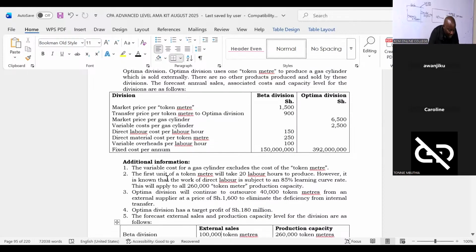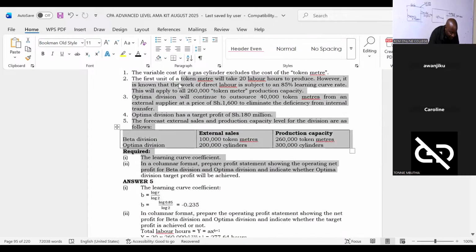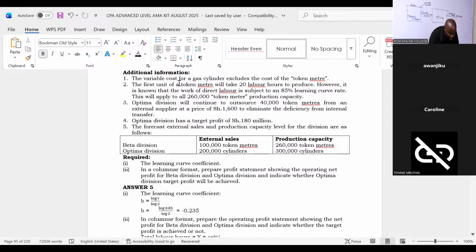We are told number one, the variable cost for gas cylinder excludes the cost of the token meter. Number two, we have already made use of it. Three, Optima Division will continue to outsource 40,000 token meters from an external supplier at a price of 1,600. And I told you I was able to see this.